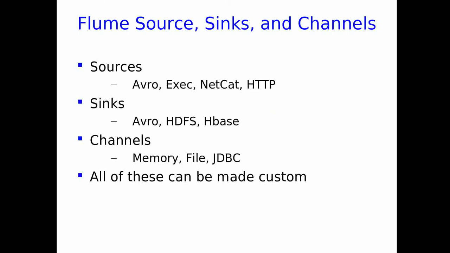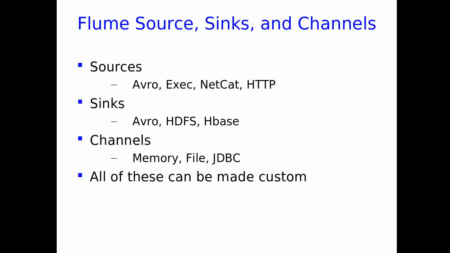Flume allows for lots of different kinds of sources and sinks and channels. For sources, you can use avro or exec, which is any kind of executable command that puts data to standard out. You can use netcat or HTTP get or push, or post rather.